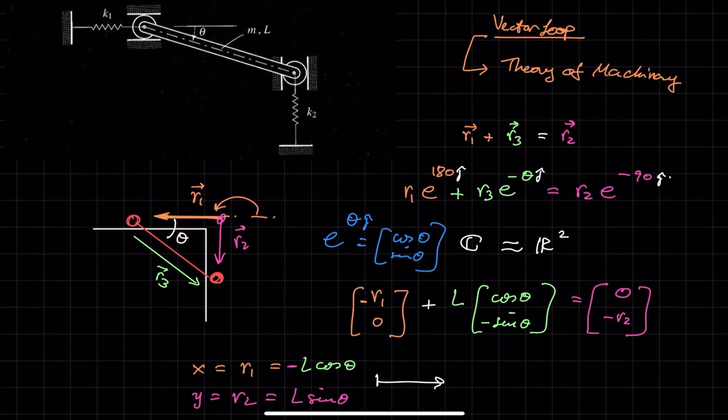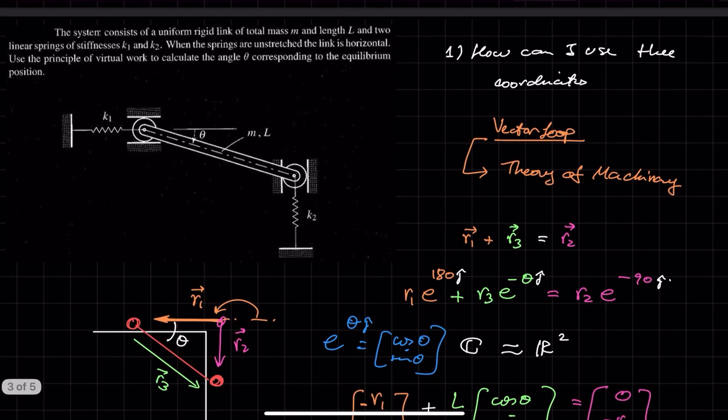Because we have to understand where the initial position was and where the final position is going to be. For example, here it starts stretched horizontally, and that's very important because we have a spring right here, and then right here we have another spring.